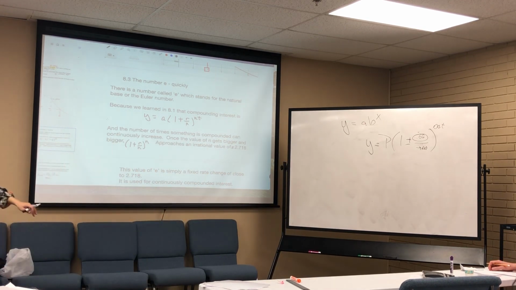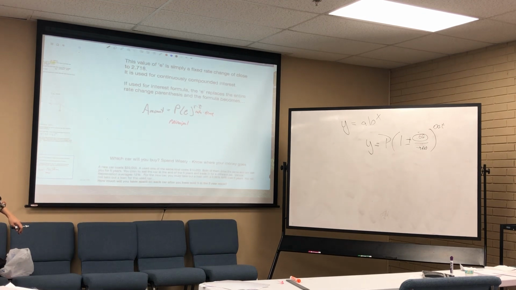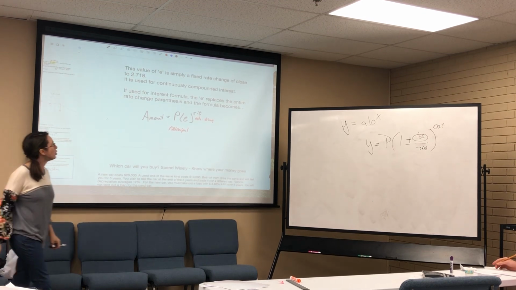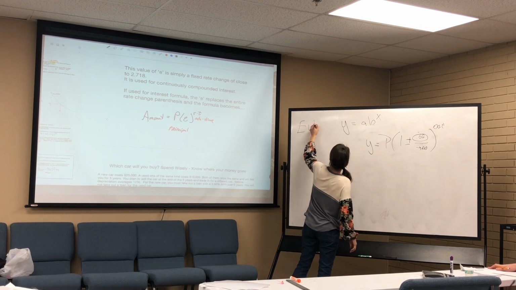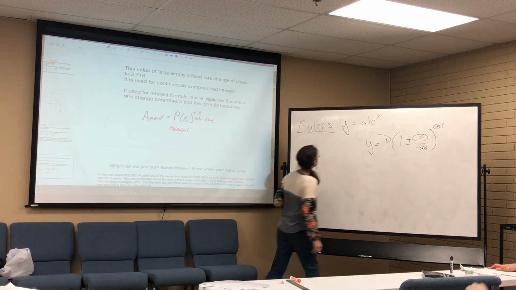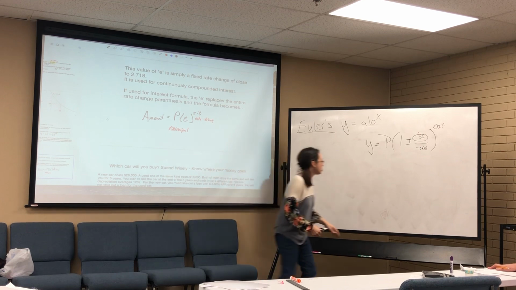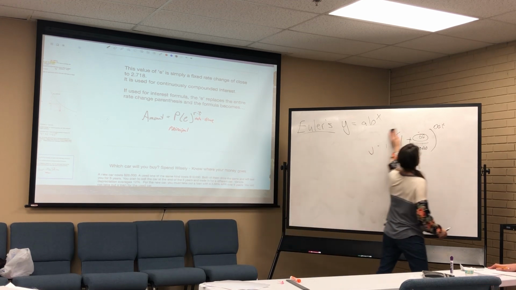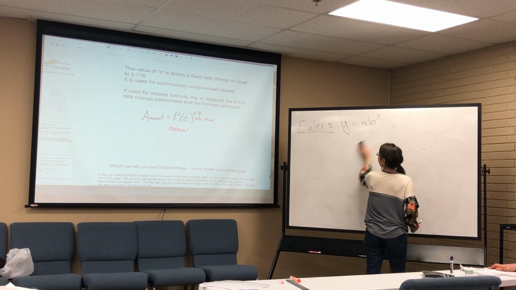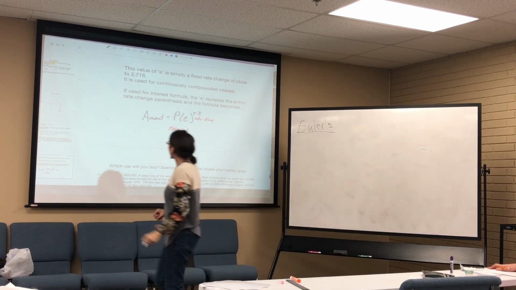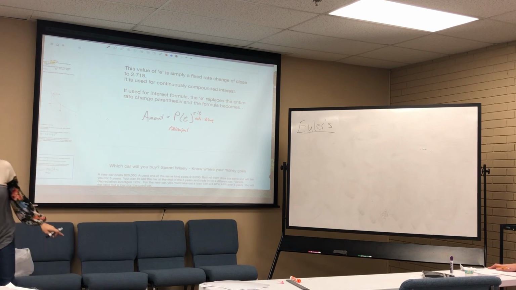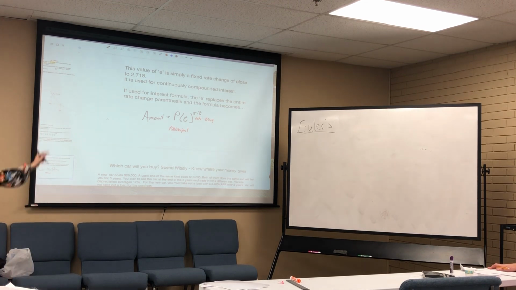Let me see if I can move this down. It becomes the E, which is called Euler's number. He's the guy that figured it out. When you do great things, you get stuff named after you. So Euler's number is this E, and it is a specific number, close to like 2.7.